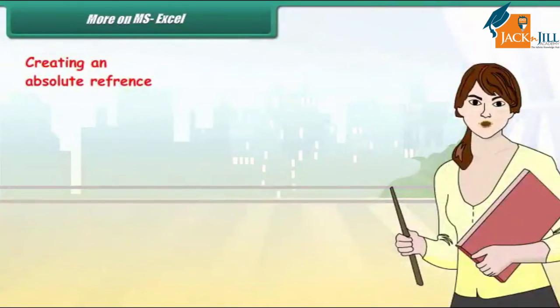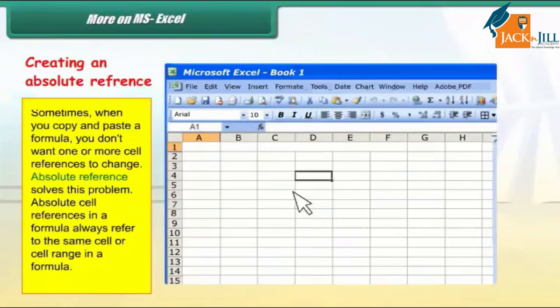Creating an absolute reference. Sometimes when you copy and paste a formula, you don't want one or more cell references to change. Absolute reference solves this problem. Absolute cell references in a formula always refer to the same cell or cell range in a formula.